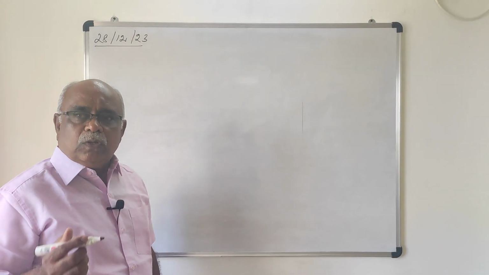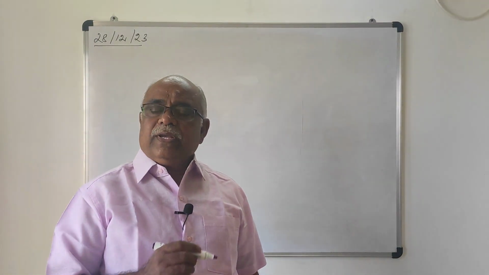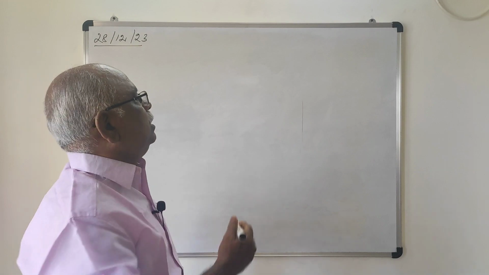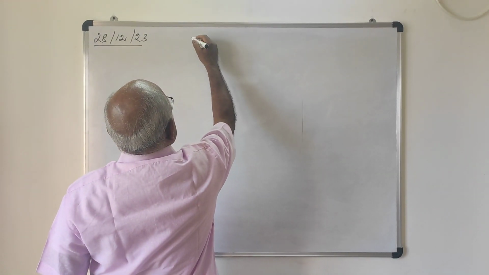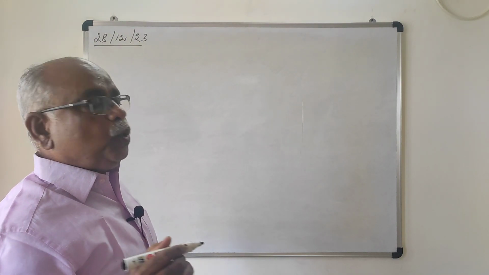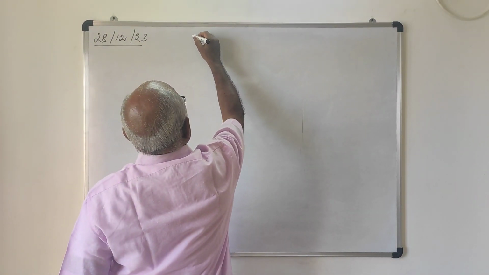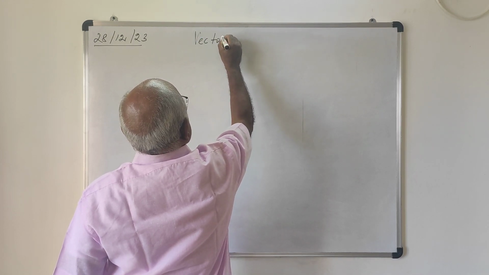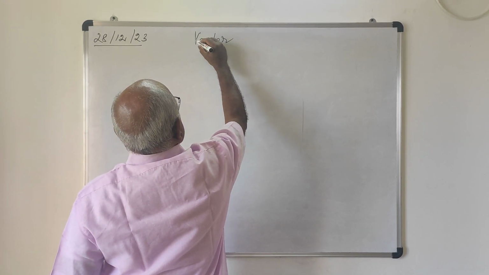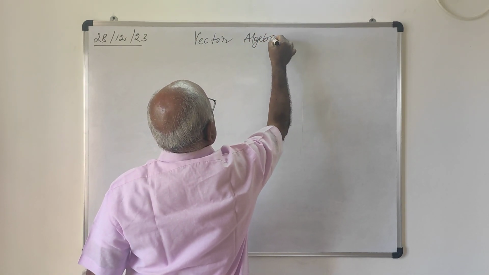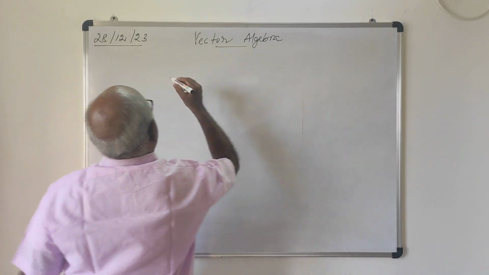In the previous video I also explained the unit vector acting along the direction of a given vector. So, vector algebra problems, from the exercise in the CBSE textbook, I think exercise 10.2.